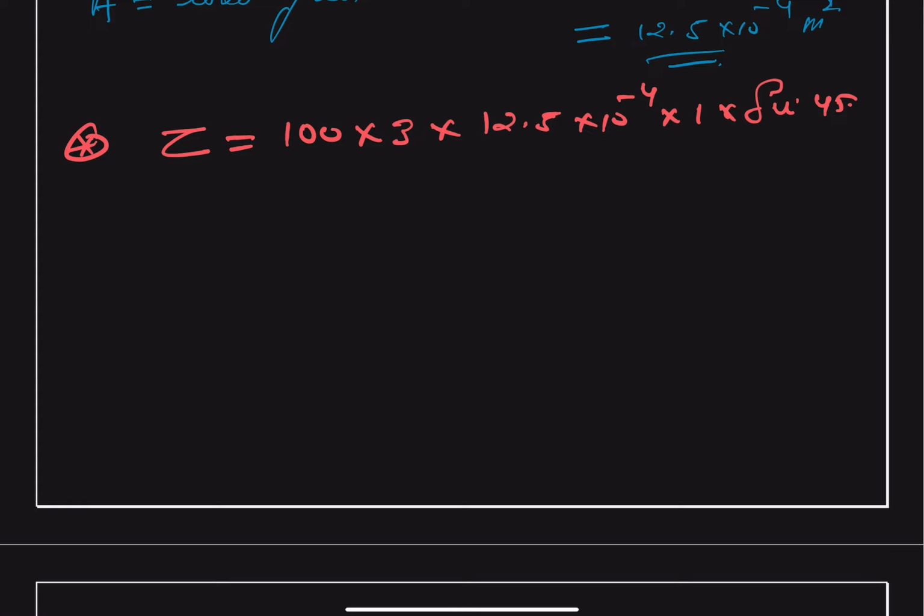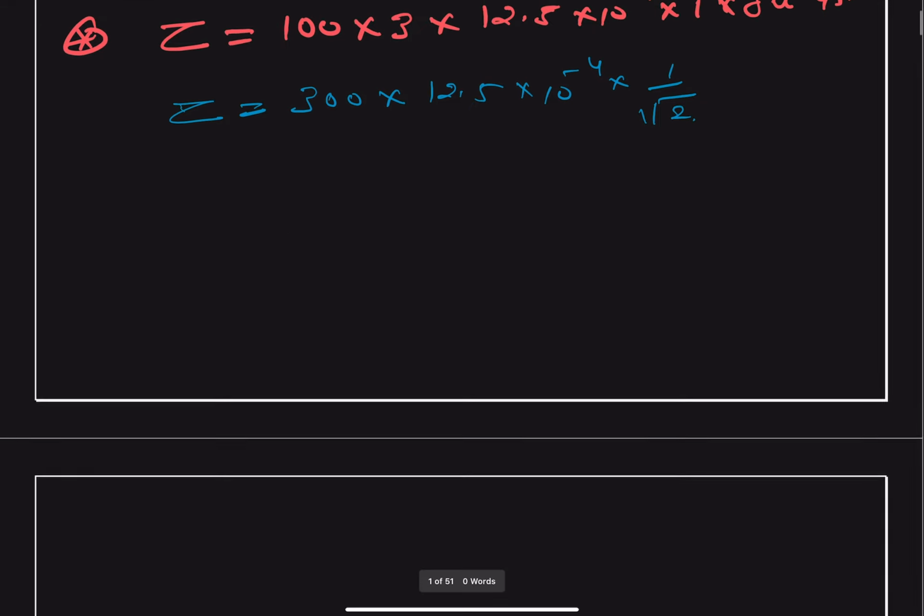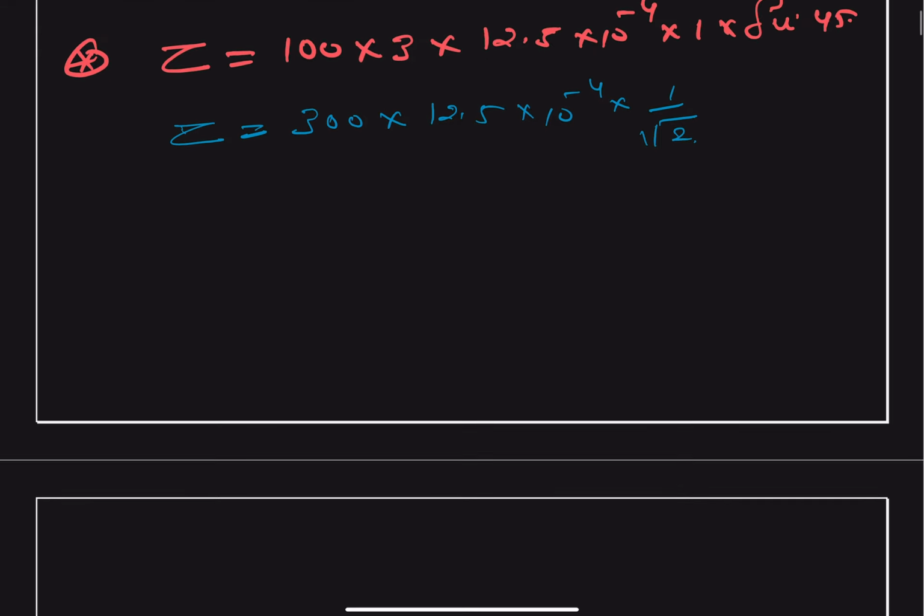So this torque can be written as 300 multiplied by 12.5 into 10 to the power minus 4, and this is our 1 upon square root of 2. So this torque can be approximated as 0.2828 Newton meter.